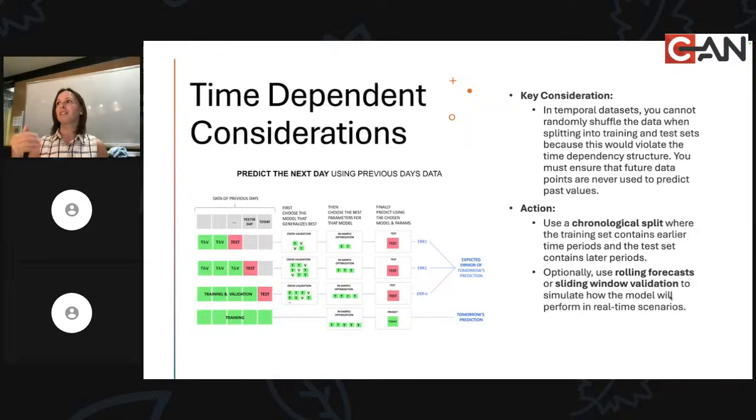So you cannot give your model future information. It will just use the patterns in that information to cheat and give you a good answer. And then you try to implement this in the real world, and of course, it doesn't have all the information. It doesn't know how all the other stocks are going to perform tomorrow. Nobody knows that. And so your model will perform poorly in the real world. So do not cheat. Really think about how you're splitting your data with temporal things. You have to put a lot of thought into it.